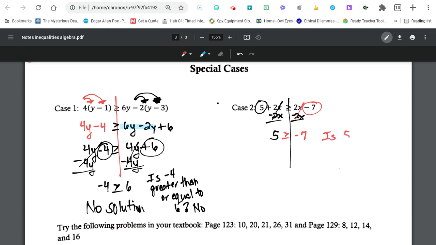So is 5 greater than or equal to negative 7? And that would be a yes. It may not be equal to negative 7, but it's definitely greater than negative 7. Because it's a yes and the variables cancel on both sides, your solution is infinitely many solutions.